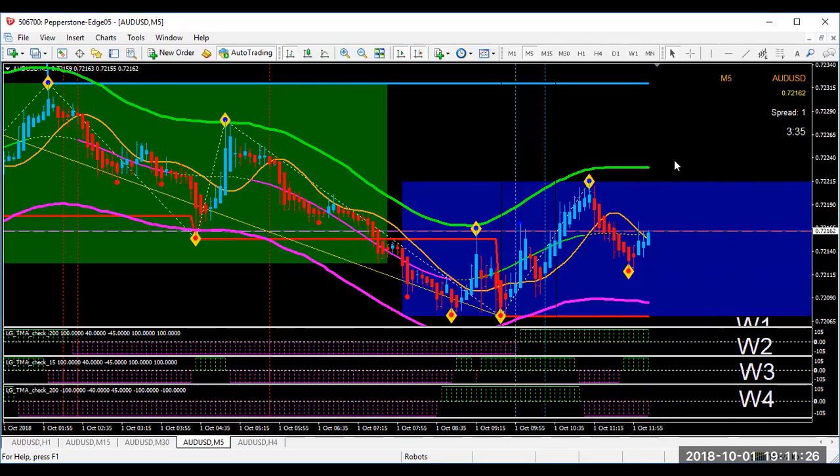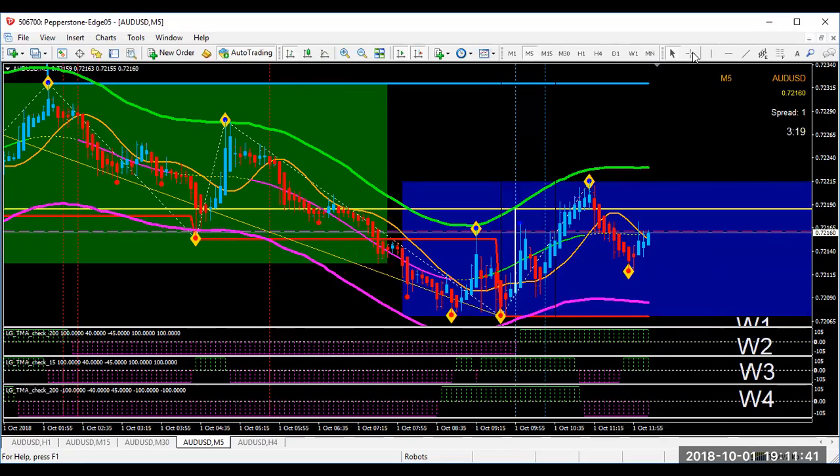What we've learned over the last few weeks is that when we get a vertical line, we generally expect it to try and reach the opposite riverbank, correct?